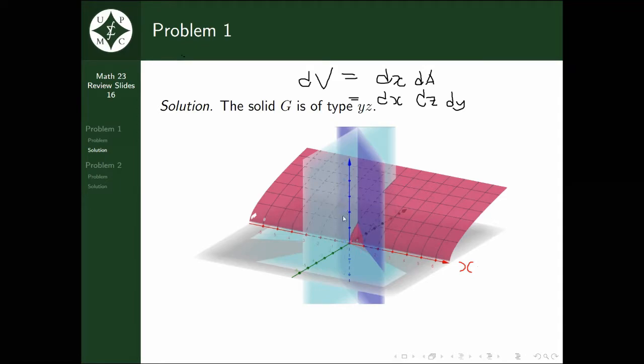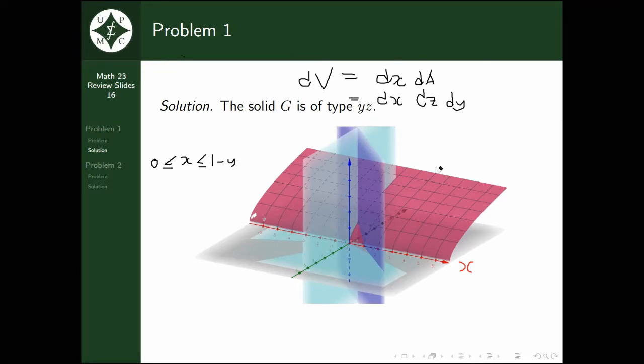The light blue plane is just x equals 0, so we can say that the lower bound of x is 0, while the upper bound is x plus y equals 1. But we just have to write that in terms of x. So if we transpose the y to the other side, we get x is equal to 1 minus y. So those are our x bounds.